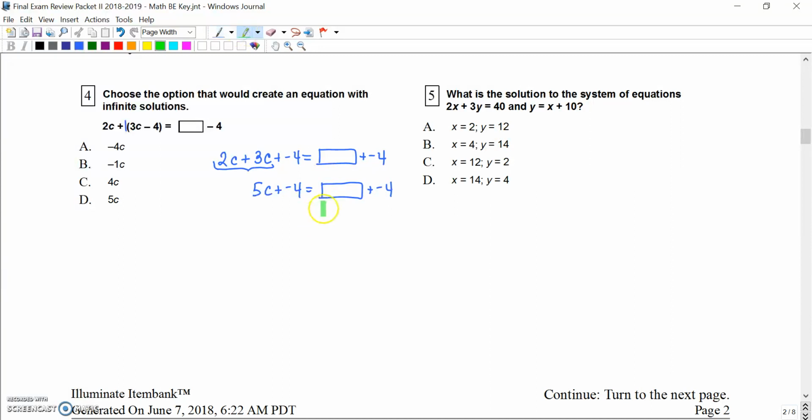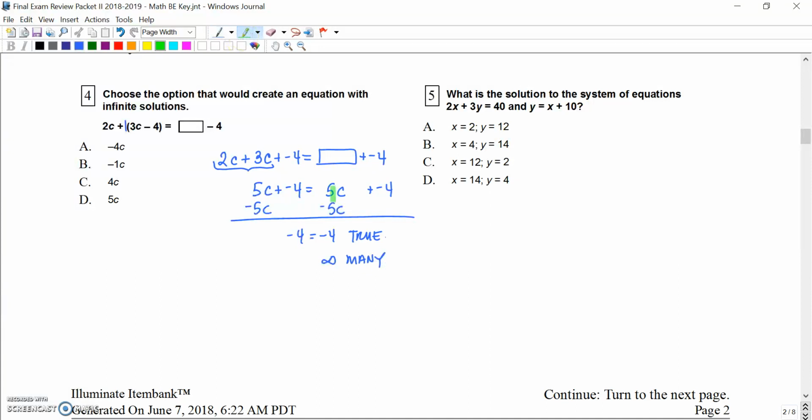Well, with infinite solutions, what we need is both sides of the equation to be identical. So let's just try something. I have a feeling that it is probably 5c. So if this were 5c, we would subtract 5c from both sides, and we would get -4 equals -4, which is true, which means that there are infinitely many solutions.